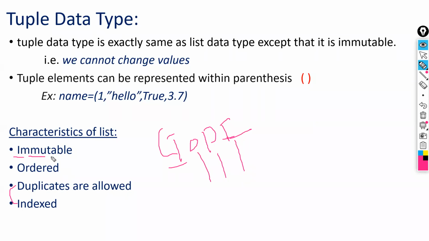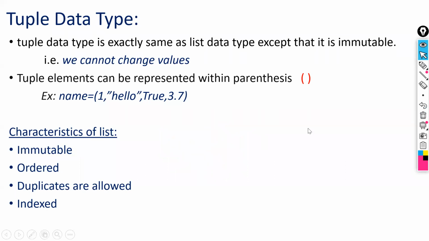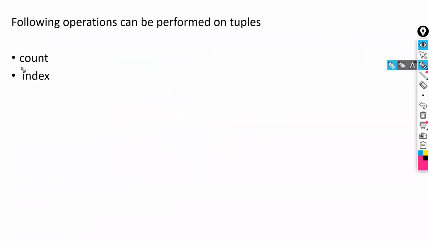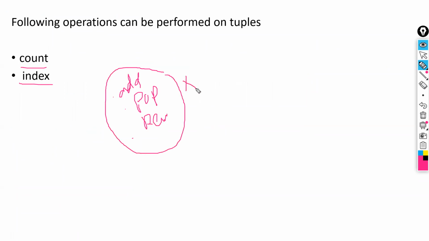Because it is immutable and we are not adding, removing or copying elements, we cannot do multiple manipulations or comprehensions on a tuple. On a tuple we can do only the basic operations count and index. We can't add, we can't pop, we can't remove. These are not applicable because it is immutable.